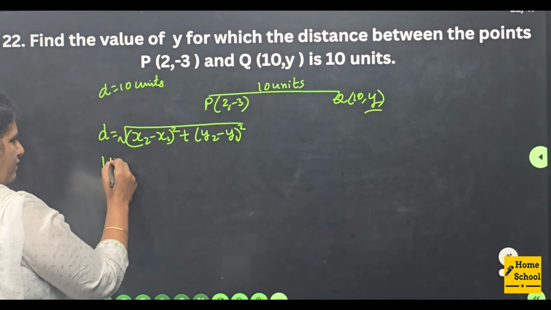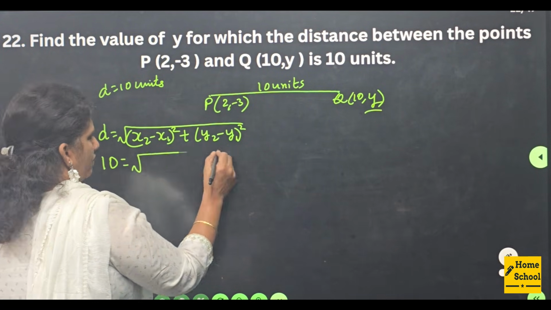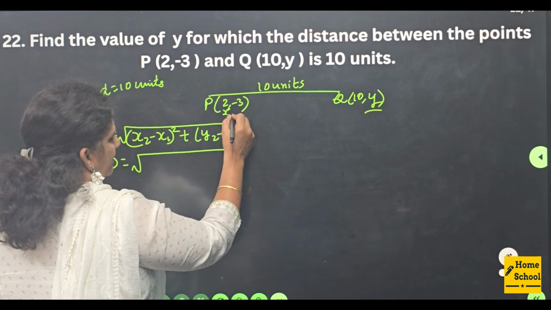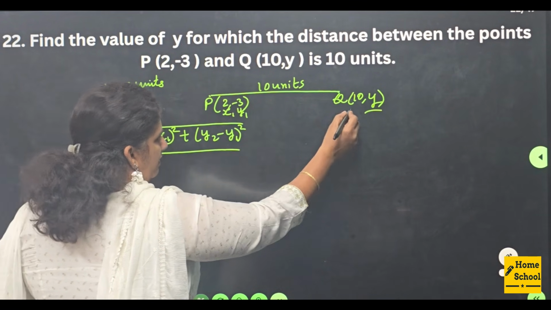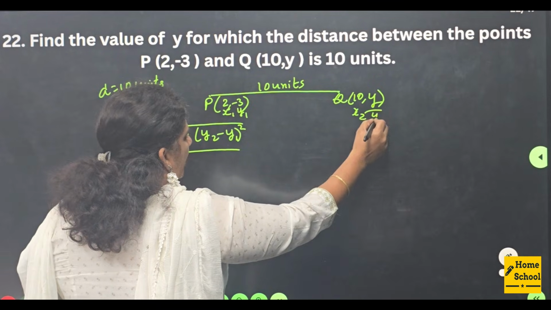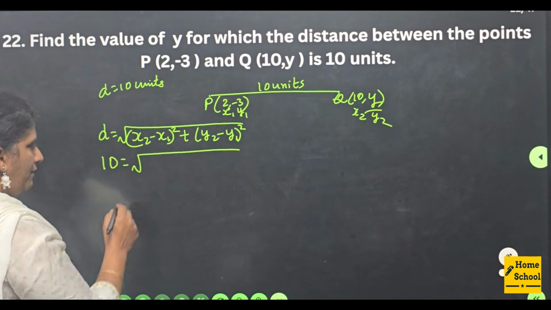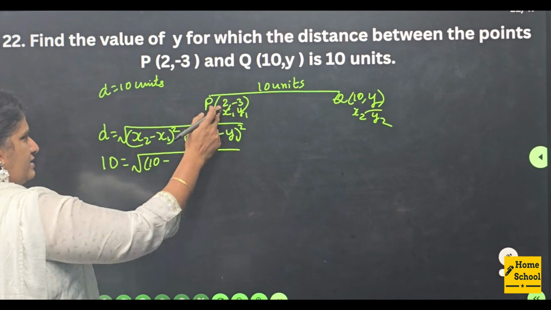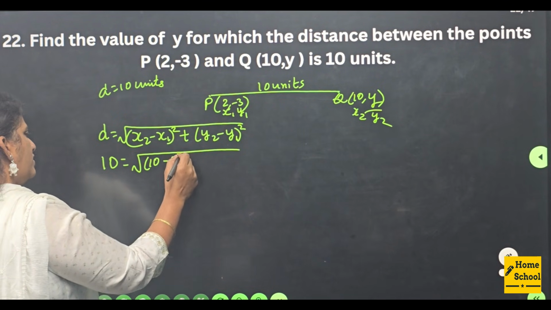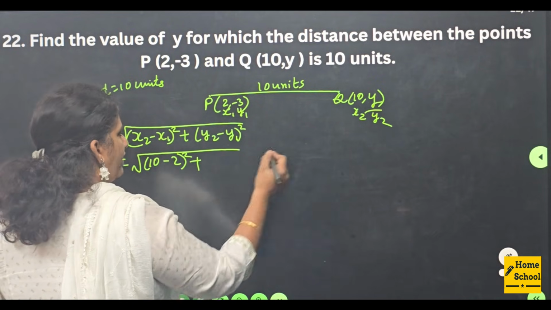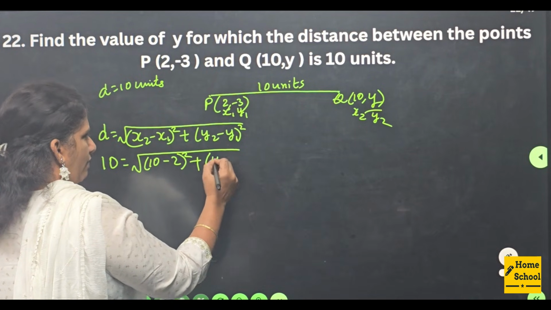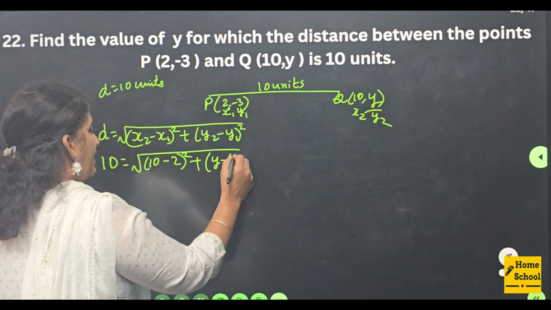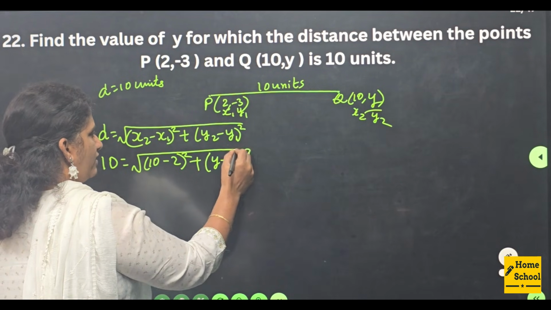Substitute that 10 here. 10 is equal to square root of, this one is x1, y1, x2, y2. Substitute in the formula. x2 value is 10 minus x1 value is 2, whole square, plus y2 value is y minus y1 value is minus 3. Put a bracket, children, here.